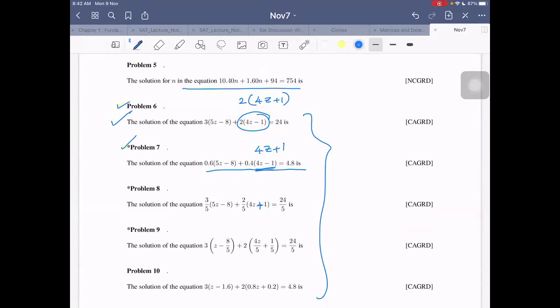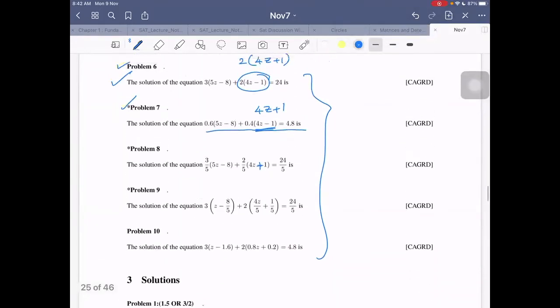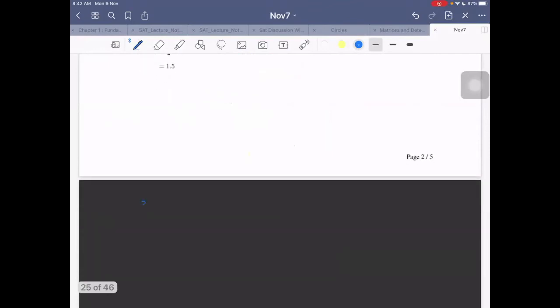I'll tell you how to solve this question if such a question appears in the exam. So we have 3 by 5 times (5z minus 8) plus 2 by 5 times (4z plus 1) is equal to 24 by 5.